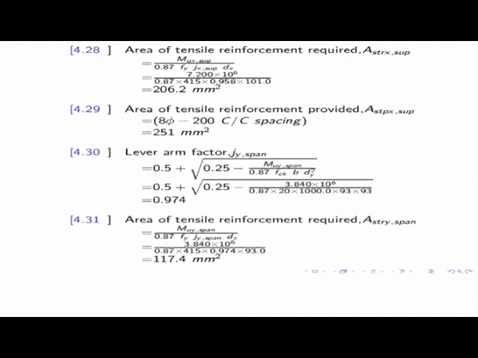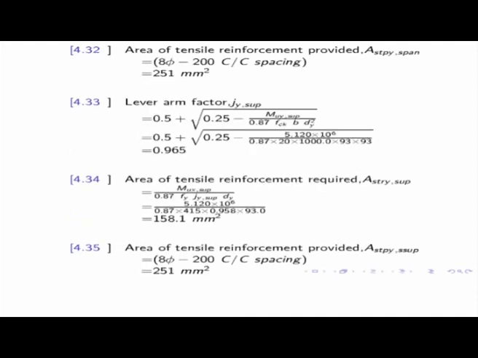Similarly, for lever arm factor jy span, I am only getting 117.4 square millimeter, and I am providing 251 square millimeter. For the lever arm factor jy support, 0.965, and 158.1 square millimeter, and again 251 square millimeter is provided.